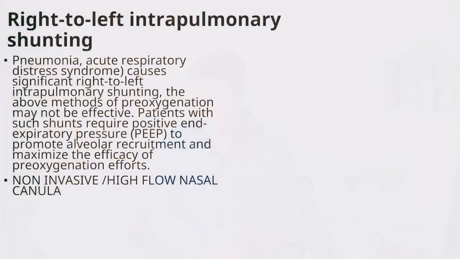Now, moving to the other situation: if the patient has high right to left intrapulmonary shunting, for example an ARDS patient, COPD, asthmatic patients, or interstitial lung disease, how can we achieve pre-oxygenation in that situation?